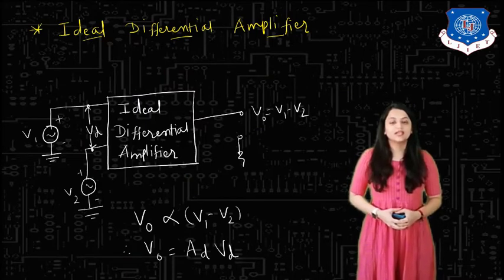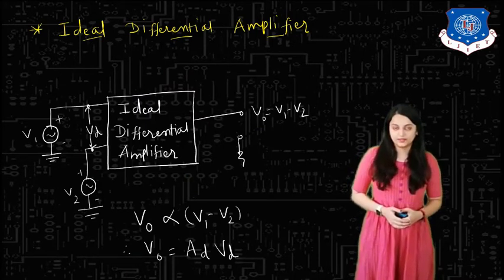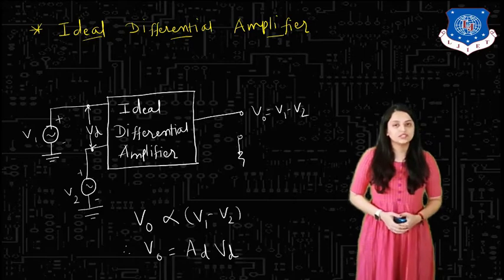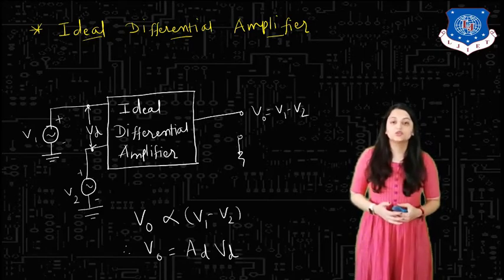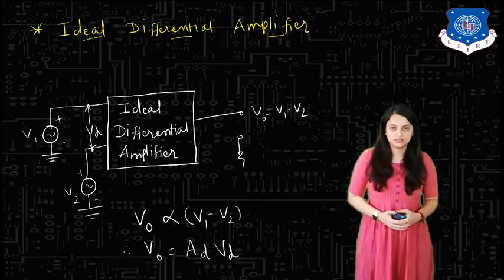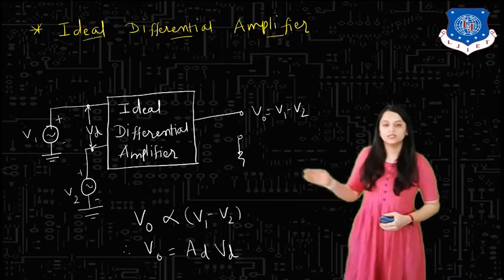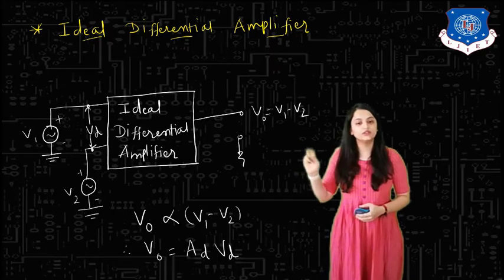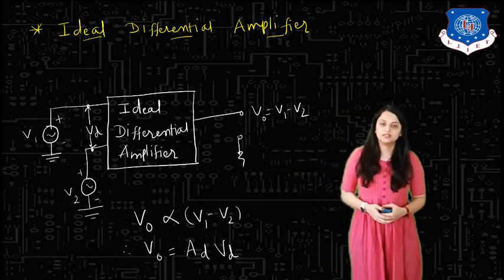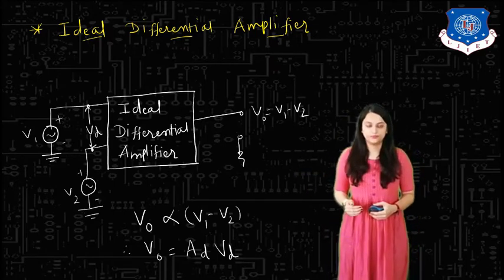So first of all, let us see the ideal differential amplifier. As the name suggests, differential amplifiers are those amplifiers which generate the difference of the input signals. Here, the diagram is indicated where two different input signals are given, that is V1 and V2.